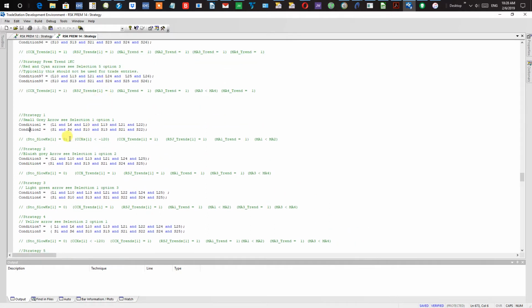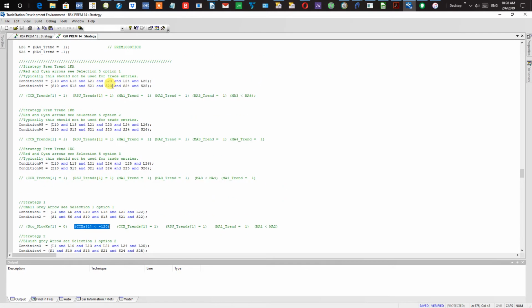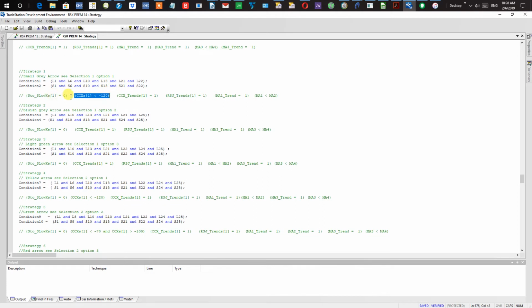And what an S6 is, which we've defined down here so that we don't have to go back and forth this way for you, is that the CCX on the ES50 be set to a value of negative 120 for a long trade and above 120 for a short trade. And this is on a 50 tick chart. Then the next setting is that the trend of the CCX indicator has to be positive for a long or negative for a short.